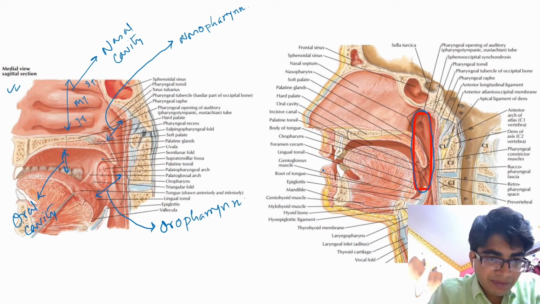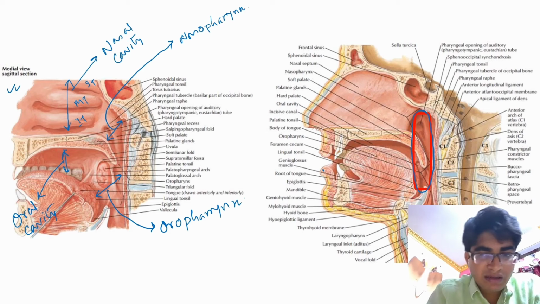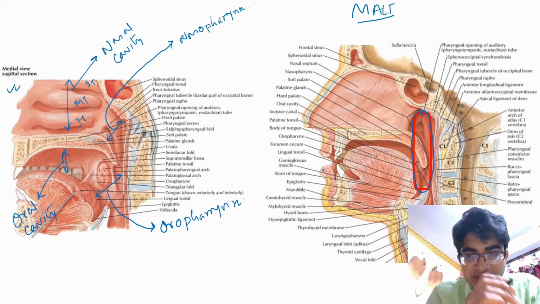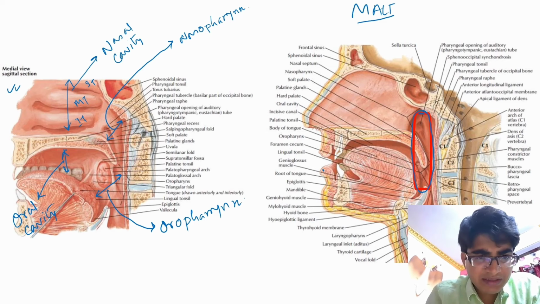Now in the pharyngeal area there are some mucosa associated lymphoid tissues, that is MALT, which are connected to each other physiologically more than anatomically, correct?